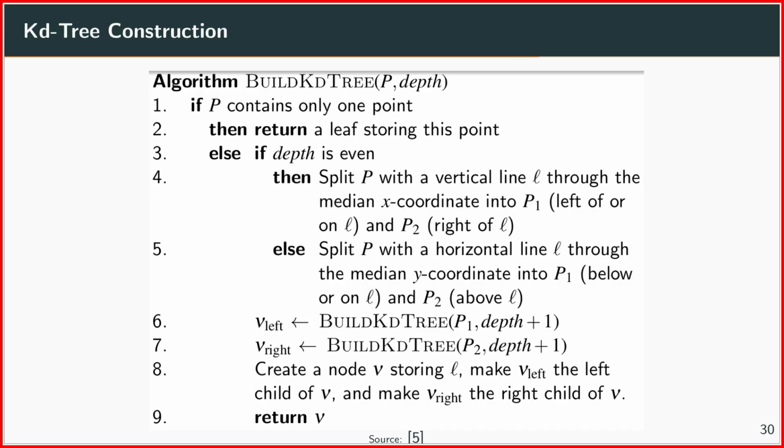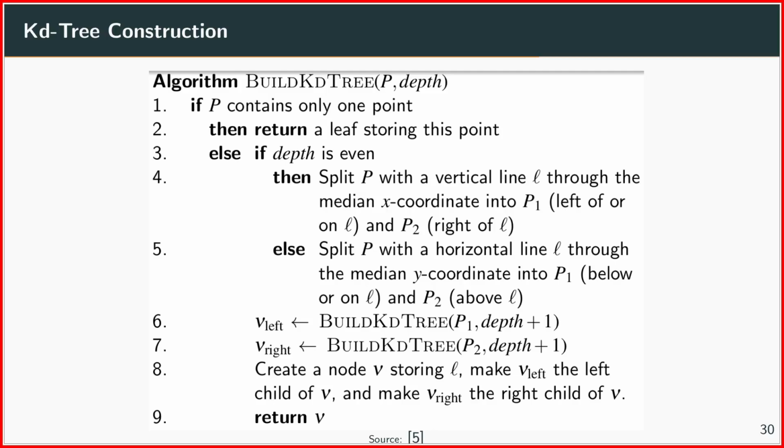OK, and here is some pseudocode of how you do that, basically exactly of how I just explained it. So you can build this KD tree by having all the points which you currently have on your grid or in your configuration space. And you start here with the depth. And the depth is in the beginning 0. And then if P only contains one point, then you return a leaf node storing this point. And then else, if the depth is even, then you split your point set with a vertical line through the median x coordinate, so that basically half the points are left, half the points are right.